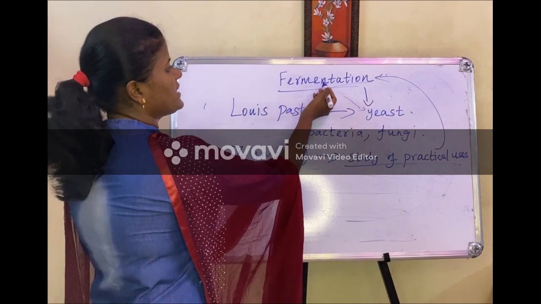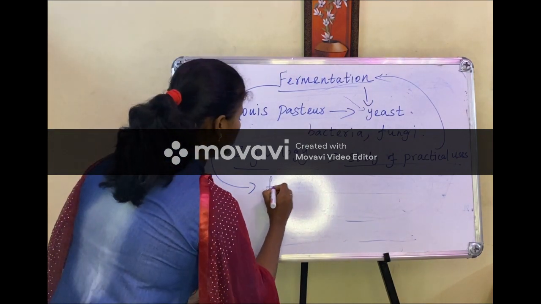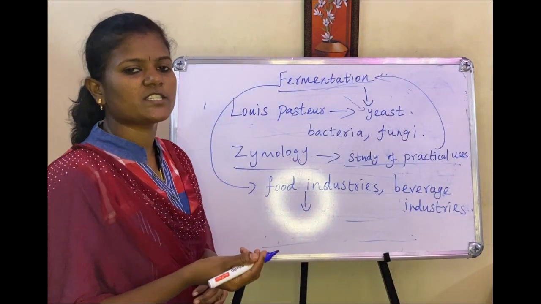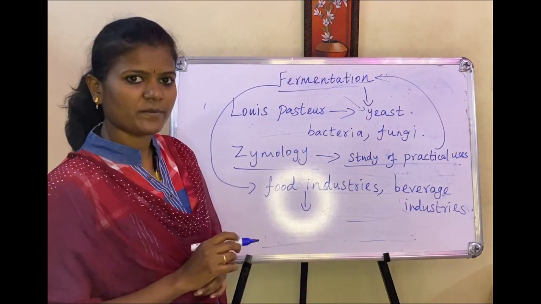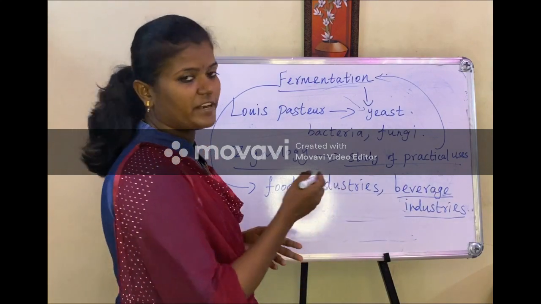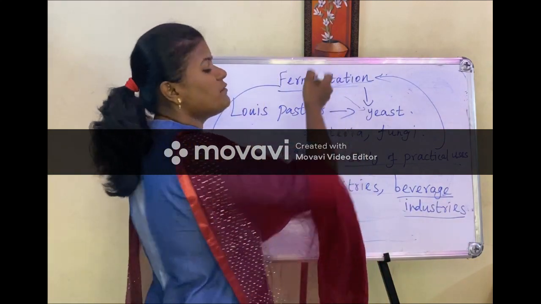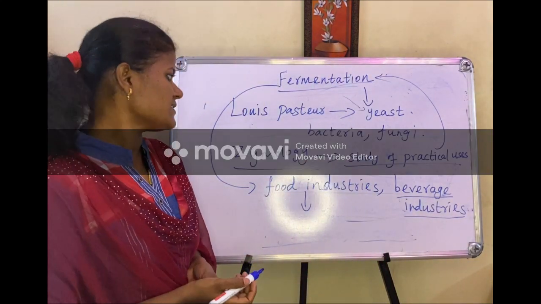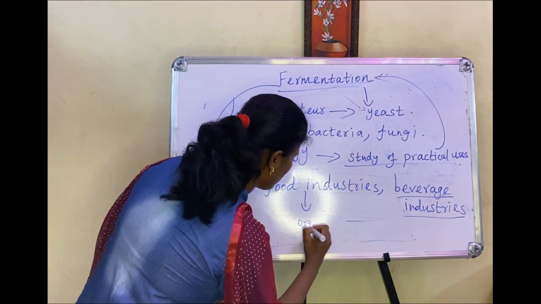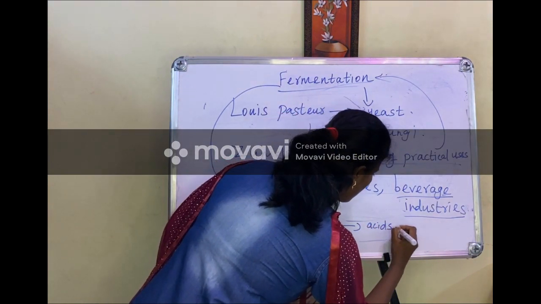Fermentation has some practical uses, and it helps in food industries and beverage industries. In food industries, we can make soft bread by using the fermentation process. In beverage industries, we can produce soft drinks and alcohol. In the fermentation process, organic molecules are converted into acids or gases.